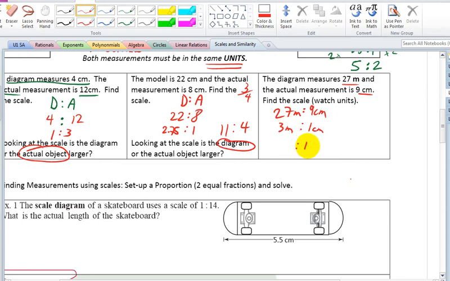So we're going to convert this to meters, so meters to centimeters, 1 to 300. Now we're in the same units. If you wanted to convert it at the beginning, you could have 27 meters to 9 centimeters, 2,700 to 9, so it's going to be 300 to 1.